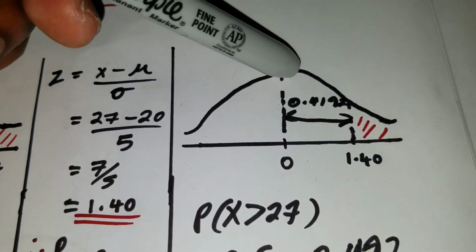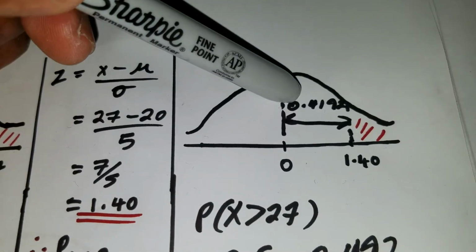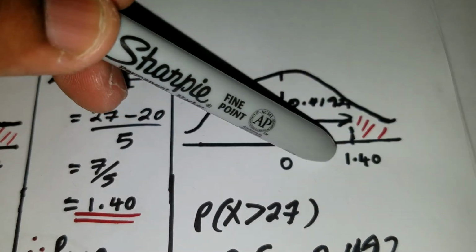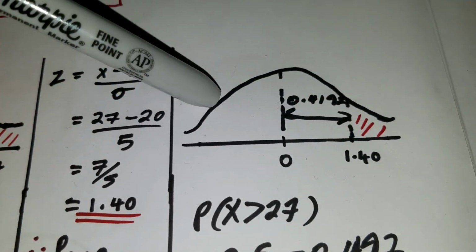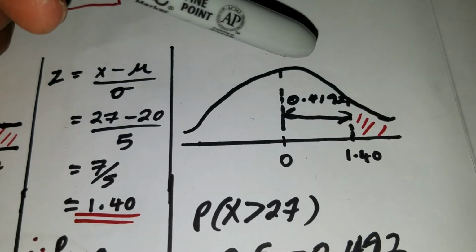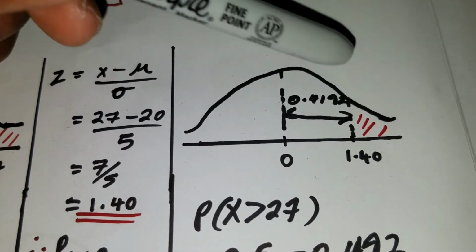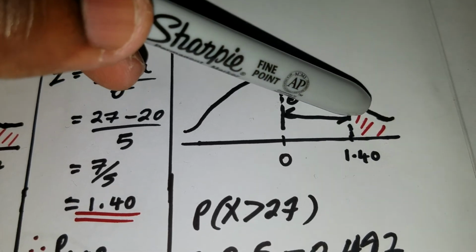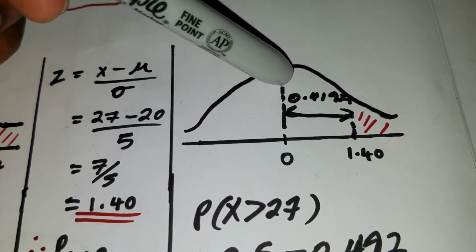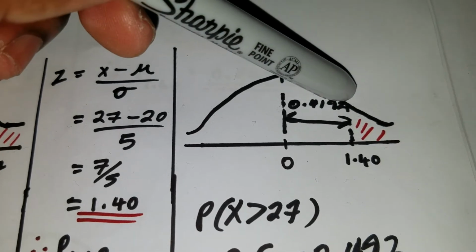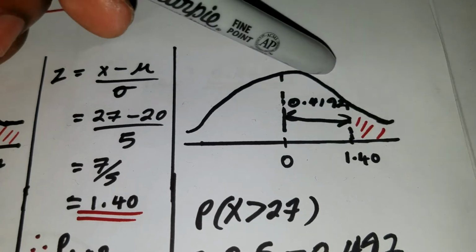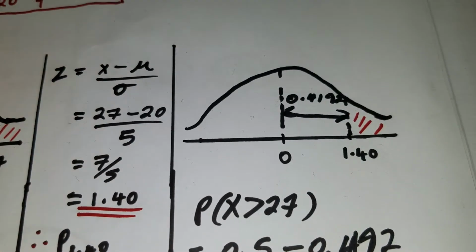We know the entire half is 0.5, and this other half is also 0.5. To find this red shaded area, the area greater than 27, we need to subtract the probability that we know, 0.4192, from the entire 0.5.